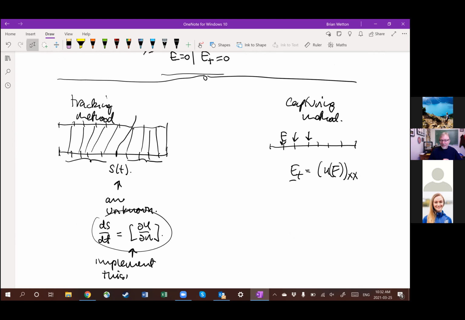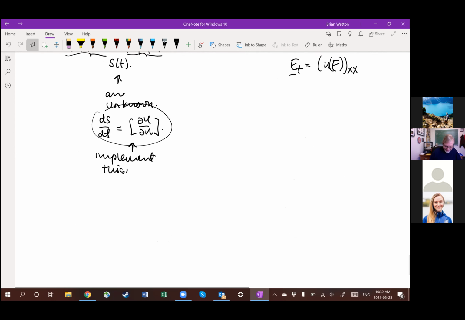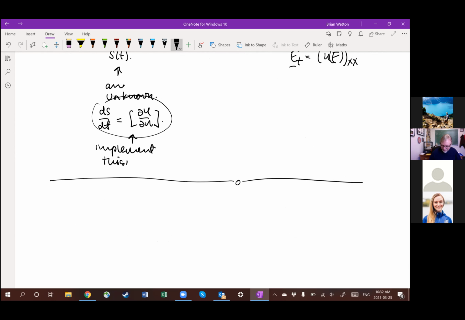Well, now there's other free boundary value problems. Let's look at some of those. I happen to be interested in this one. This is a pretty simple one, and let me talk about the difference. So let's think of the Stefan problem.